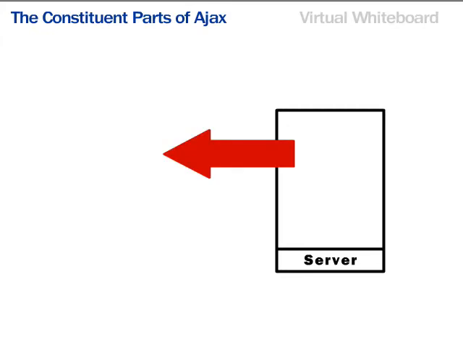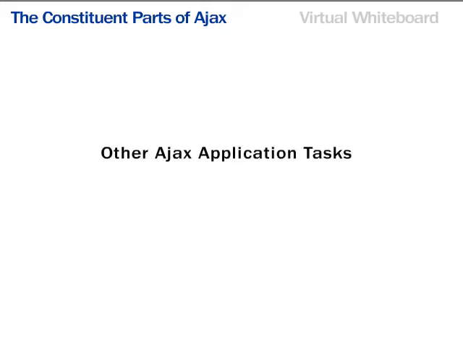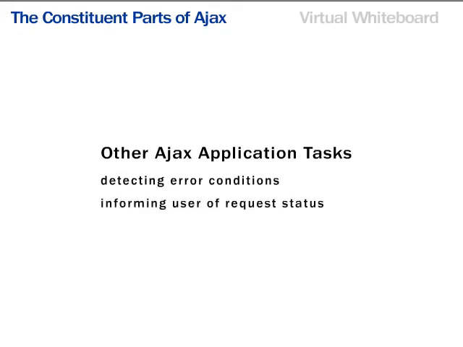Ajax allows for this information to be returned in a number of formats, including ASCII text and XML data. Depending on the nature of the application, you may then translate, display, or otherwise process this information within the current page. An Ajax application will be required to carry out a number of other duties too.